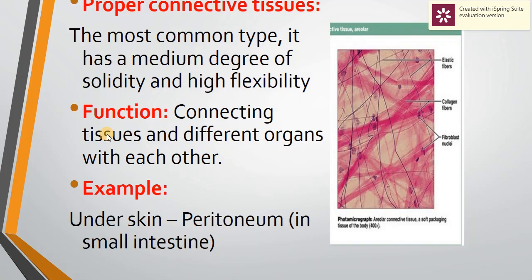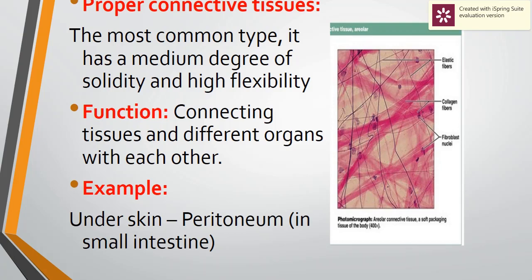Proper connective tissue is fairly solid and quite elastic. It is semi-solid, so it has a medium degree of solidity and flexibility because its intercellular substance is semi-solid. Its function is connecting the different tissues and systems of our body.